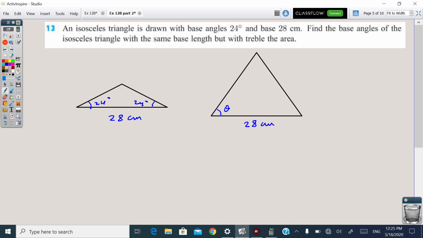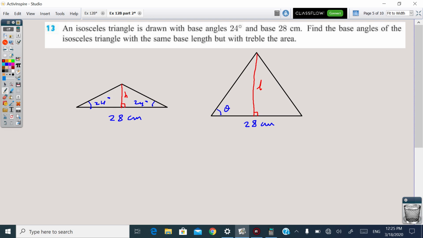But I know that the height is different. This is h, and this is, let's call it L. What is the relationship between L and h?